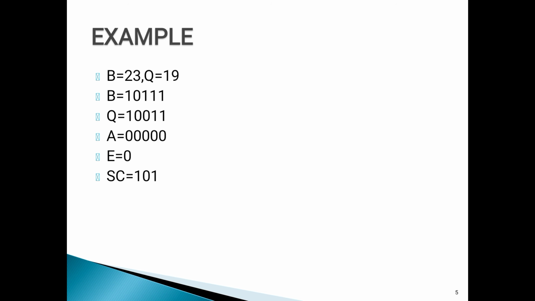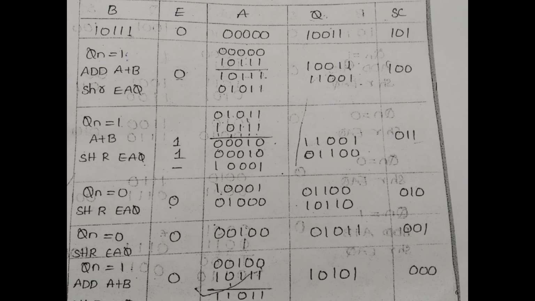After writing the initialization, write the table to perform the multiplication operation. Here we have B, E, A, Q, SC.